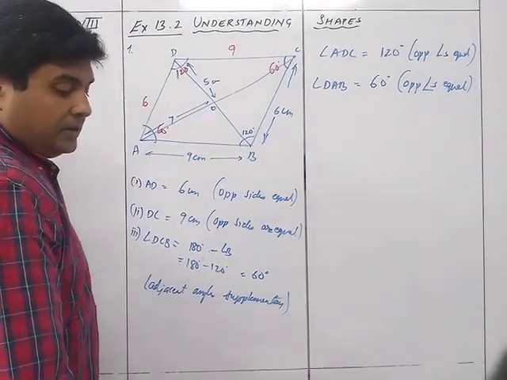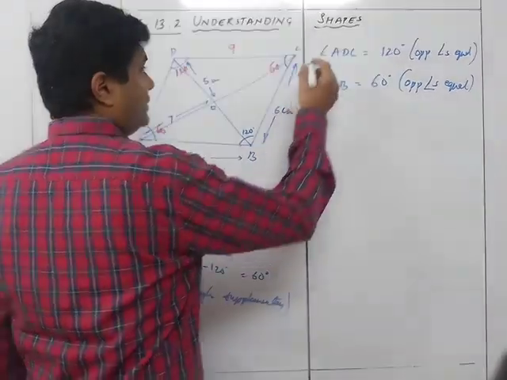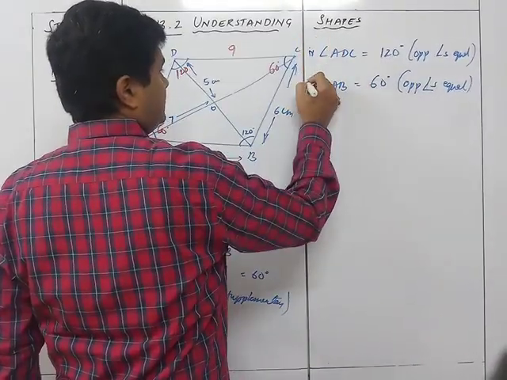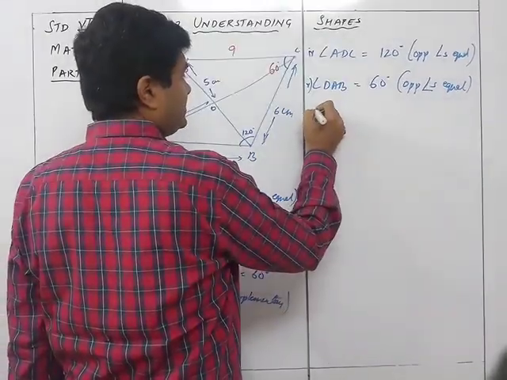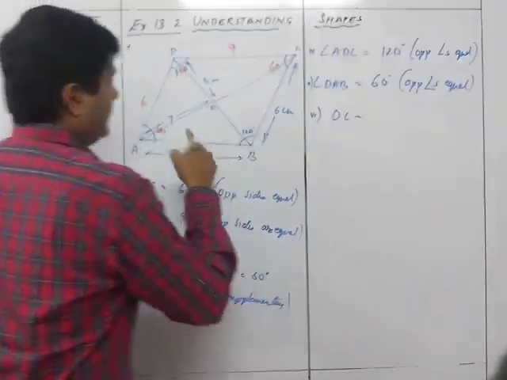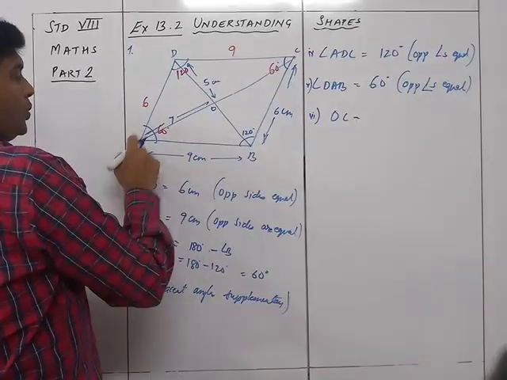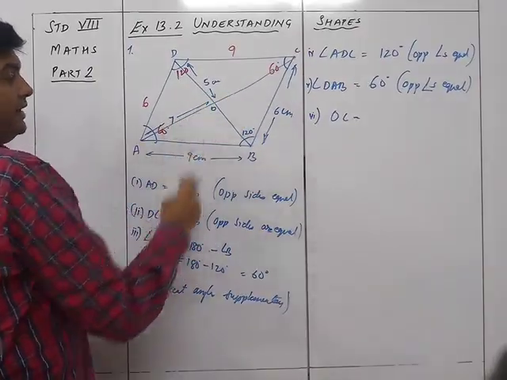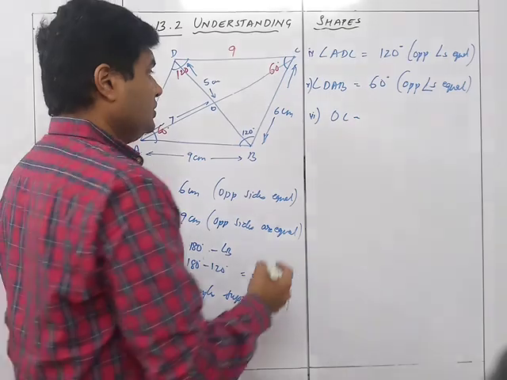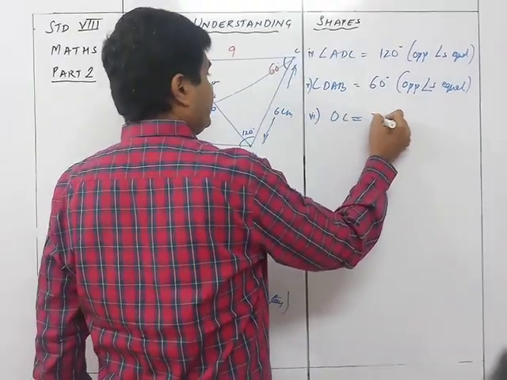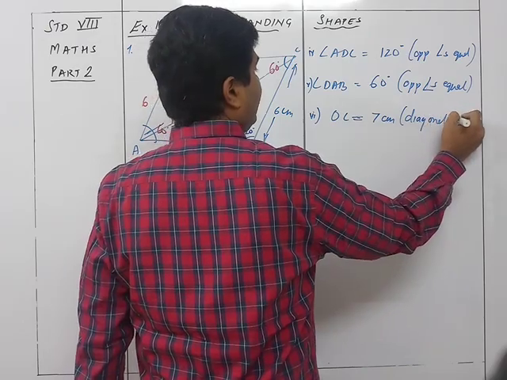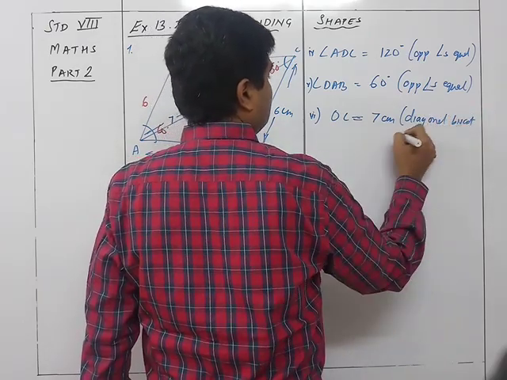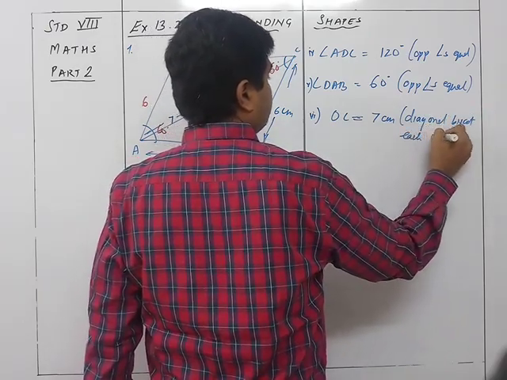Right. So this was the fourth one, this is the fifth one. We move on to the sixth one, that is OC. Now OC will be equal to OA because the diagonals bisect each other. So that will be equal to 7 centimeters because diagonals bisect each other.